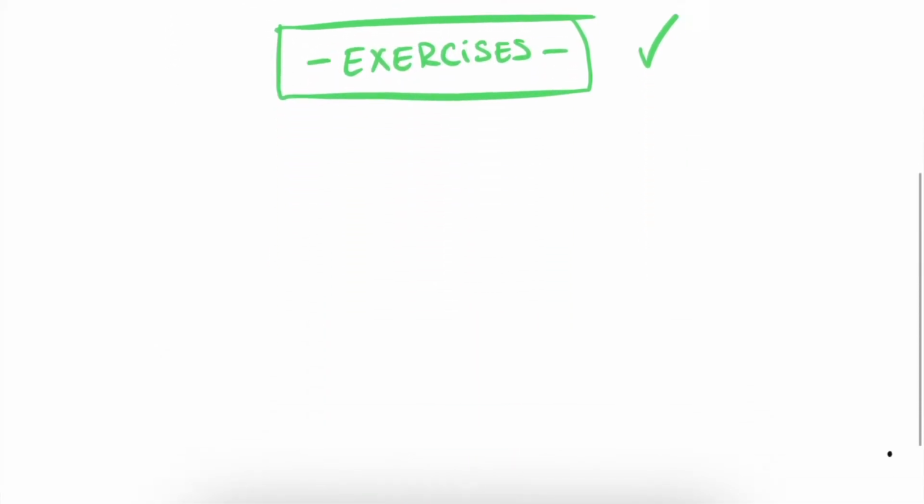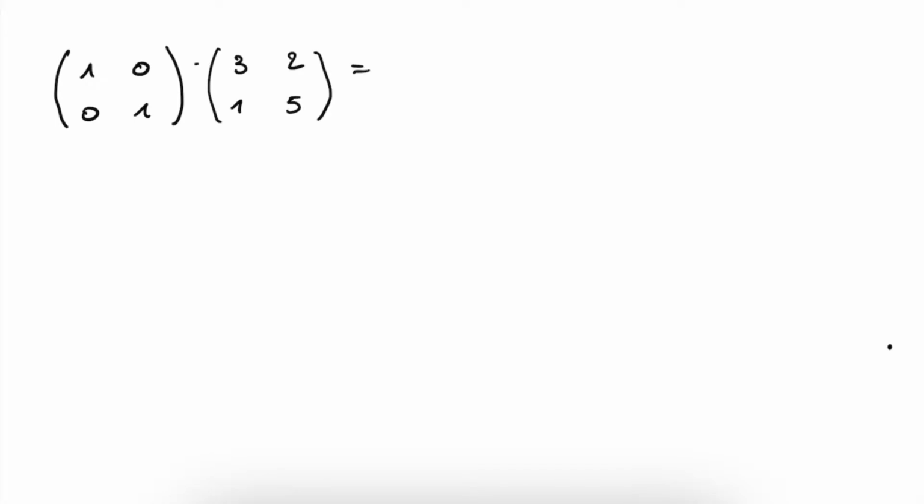The first exercise will be a warm-up. So we get 1, 0, 0, 1, the first matrix, and we multiply it by the matrix 3, 2, 1, 5. The first step to perform this matrix multiplication is to see whether we are even able to do it. To do this, we identify the size of both matrices.